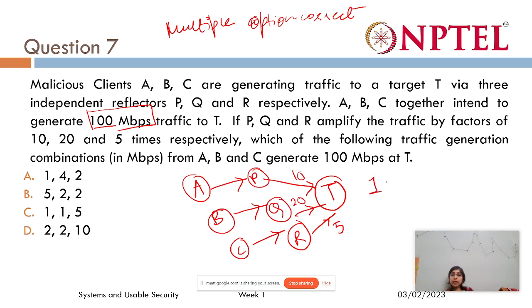The total bandwidth you need to have here is 100 Mbps. And these are all the malicious clients, A, B, C. Anyone able to get any answer?